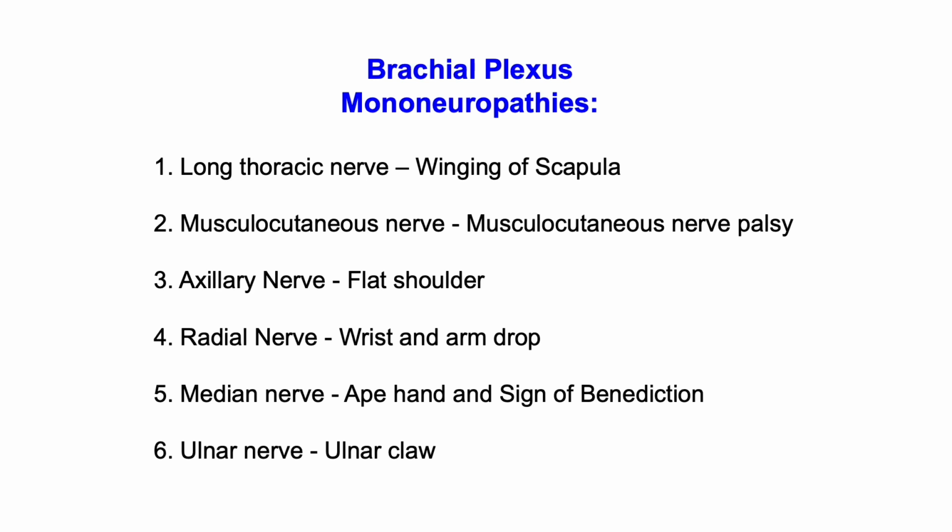In this video I am going to focus on the median nerve, which is one of the terminal branches of the brachial plexus. The anatomical aspects of the median nerve, what structures it supplies, and its clinical aspects.